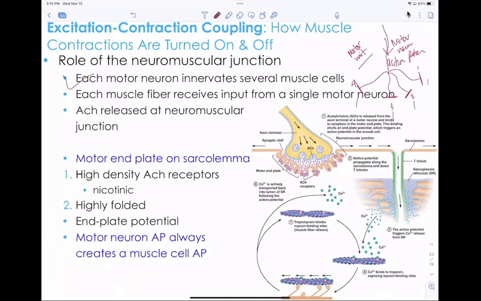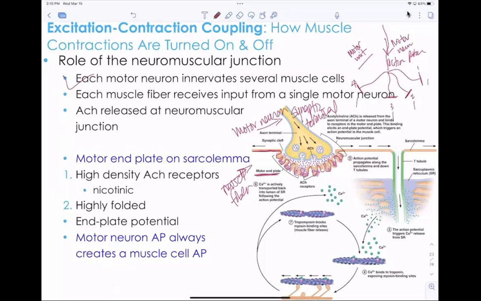Now, this is the motor neuron, synaptic terminal. And on the muscle fiber, so this right here is the muscle fiber, the sarcolemma or cell membrane, the area where it folds in and makes contact with the axon terminal is called the motor end plate.